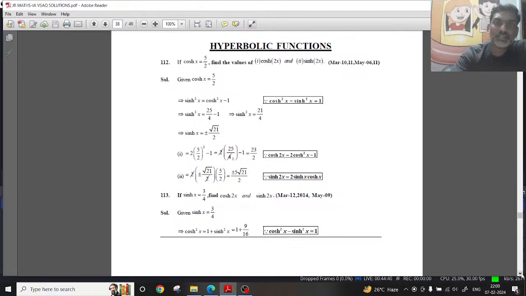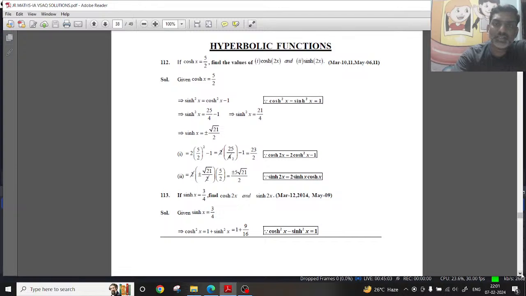Generally cos hx equals, what is the formula? E power x plus e power minus x by 2. And here cos hx is given and they are asking what is cos h2x and sin h2x. First let us try to find out what is sin hx. After calculating sin hx, we can do anything they are asking.